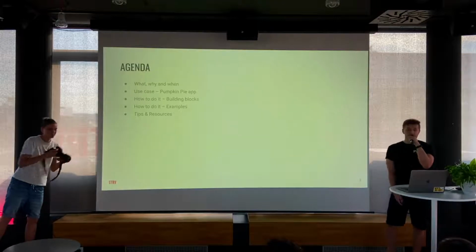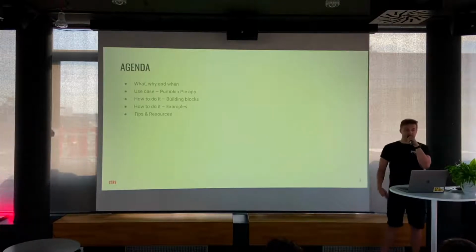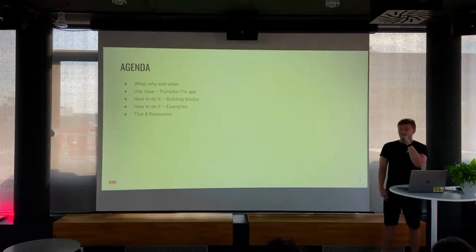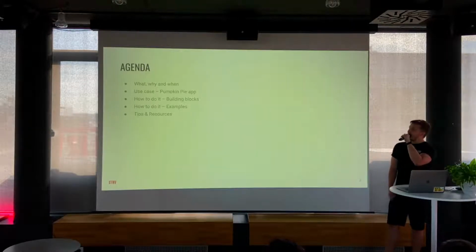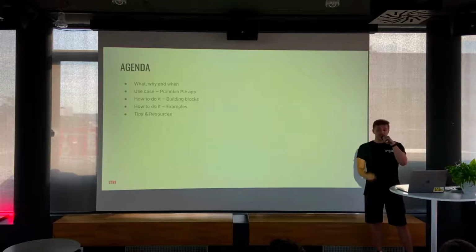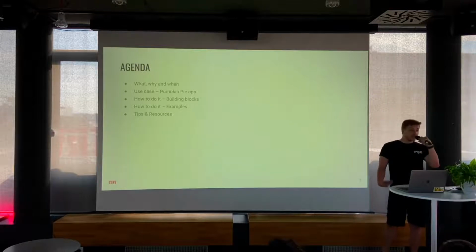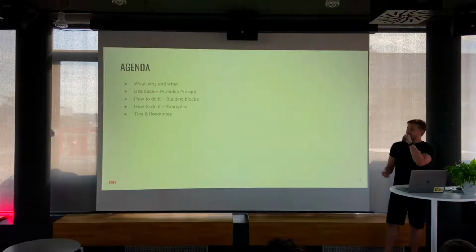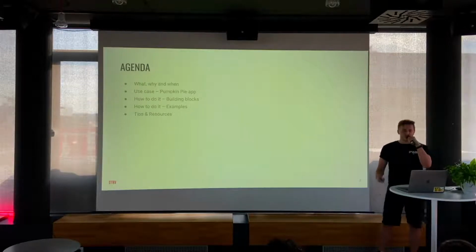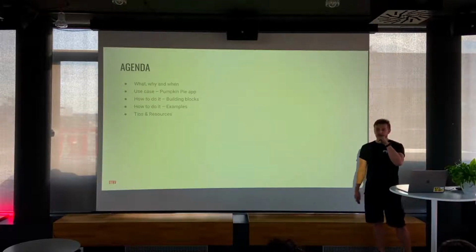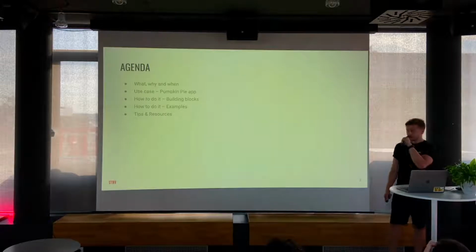Then I will show you the building blocks of this API so you can see what it consists of and how you can use it. And because that can be quite challenging, I will follow with some examples so you can see it in action. And finally, I'd like to share a few tips with you, mostly about how not to go crazy when you are dealing with custom transitions.